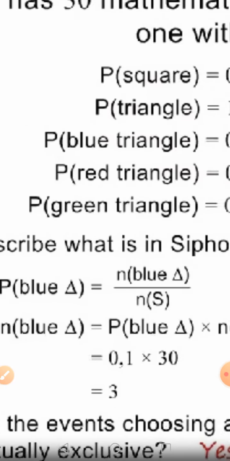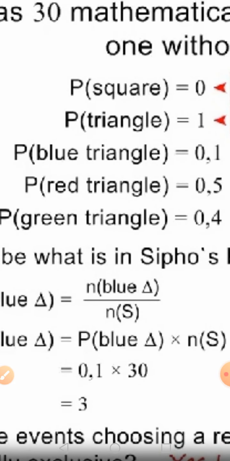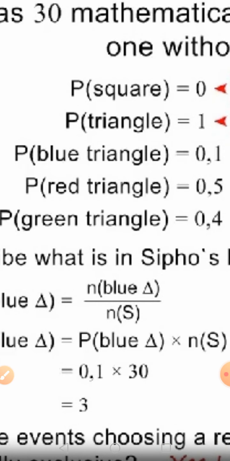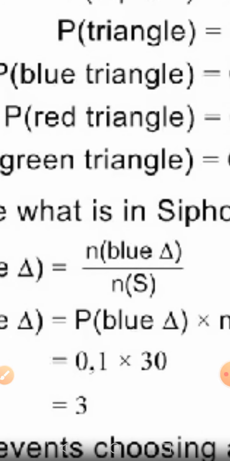Okay, coming to here. If the probability of blue triangles equals 0.1, what does that mean? It means the probability of blue triangle, 0.1, equals the number of blue triangles over the total number, which is 30.